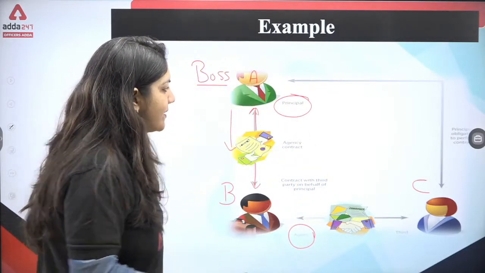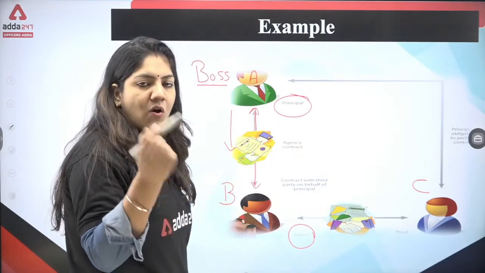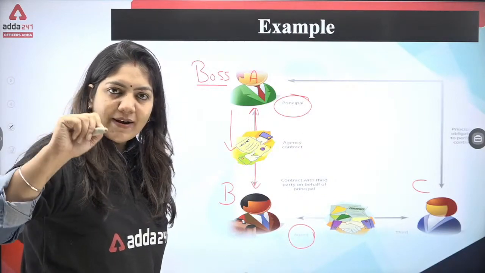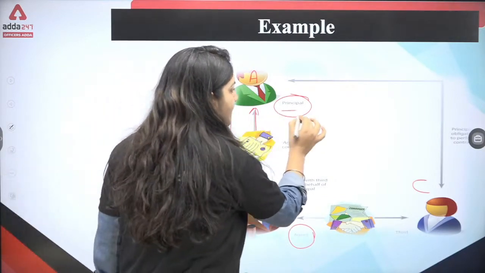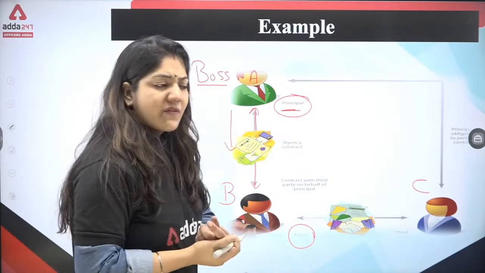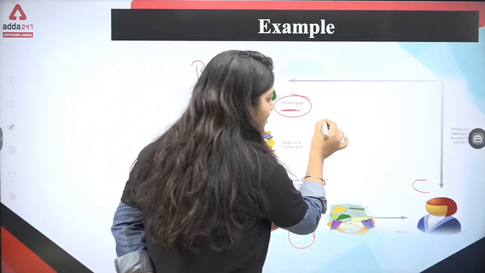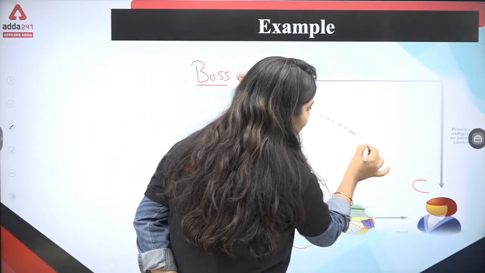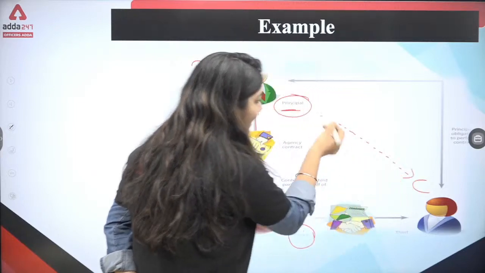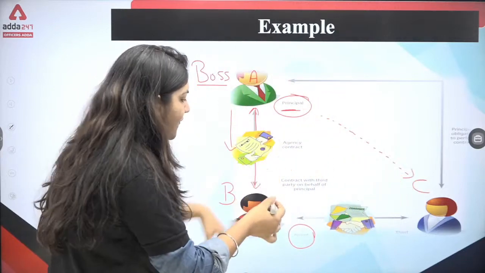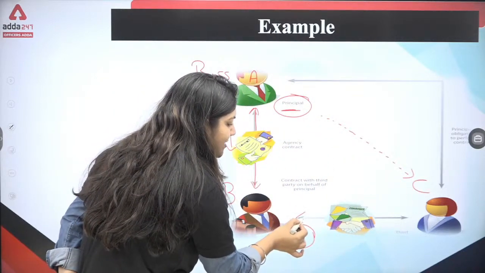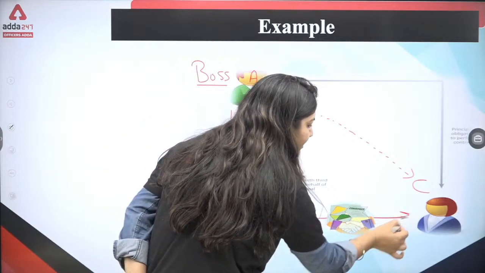Generally the contract will always carry the signature of the principal, but now the principal is very busy. Suppose the principal has to make a contract with the third party, but on behalf of the principal, this agent is making the contract with the third party.